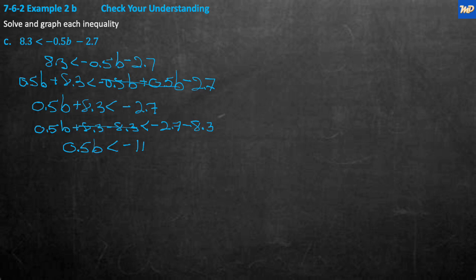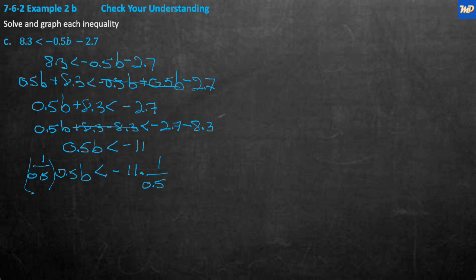Now we're going to get rid of this 0.5 on both sides. In order to do that, we multiply by the reciprocal, which is 1 over 0.5. So 0.5b times 1 over 0.5 is less than minus 11 times 1 over 0.5.